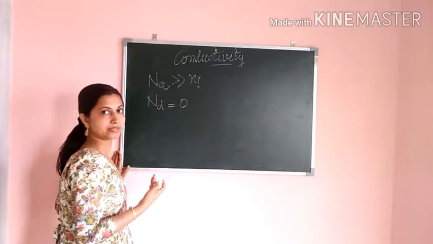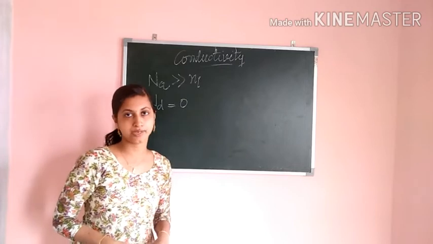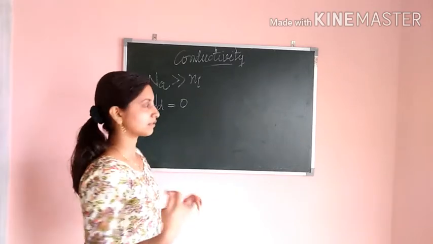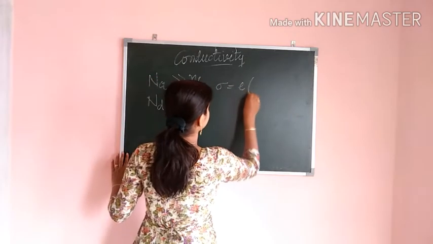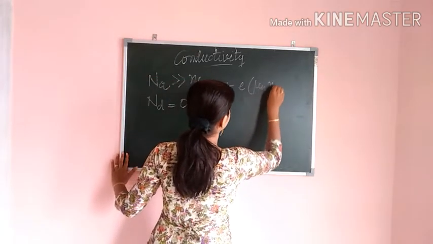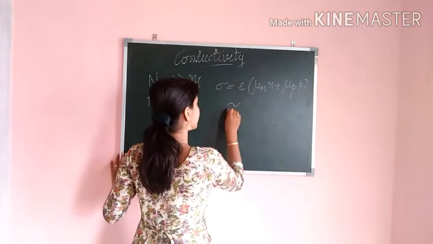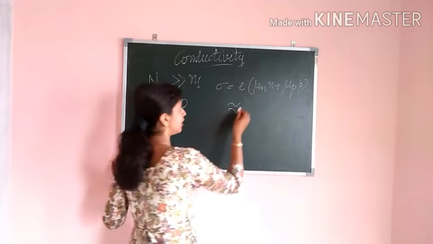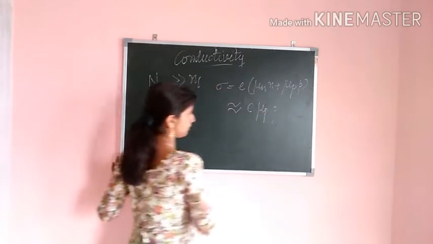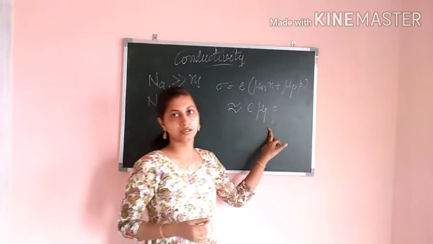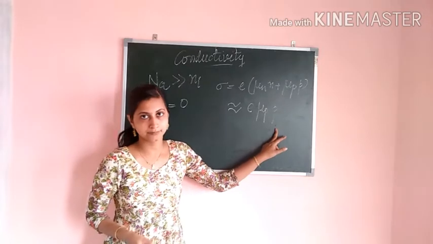If we assume the electron and hole mobilities of this material are of the same order of magnitude, then the conductivity σ = e(μn n + μp p) becomes approximately equal to eμp p, where p is the concentration of holes in the p-type doped semiconductor.